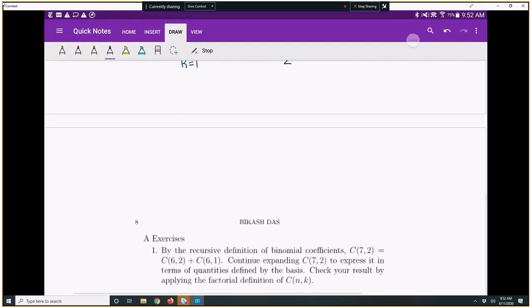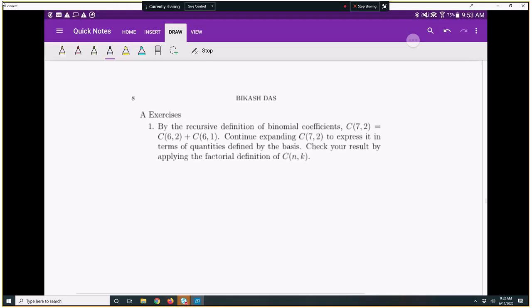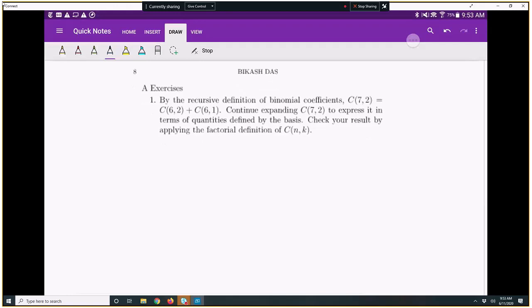Okay, let's do some exercises together. So the first exercise, we're going to use our recursive definition of binomial coefficients to compute 7 choose 2. Remember, we have to continue to expand 7 choose 2 until we can define it only in terms of quantities defined in the basis. And what were those?